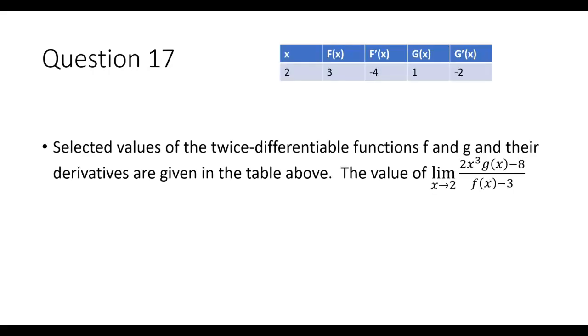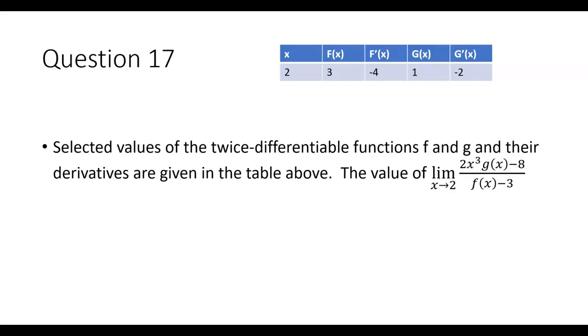All right, let's go ahead and take a look at question 17. So selected values of the twice differentiable function f and g and their derivatives are given in the table above. The value of this limit is what we're looking for. All right, so we always start with direct substitution, right?